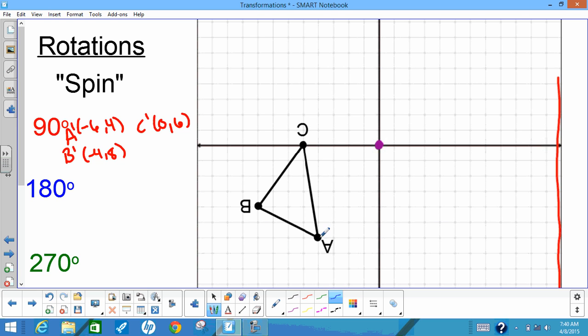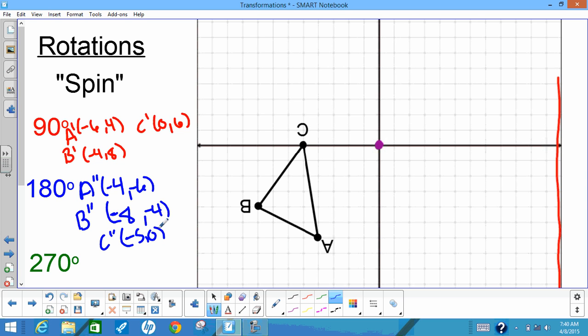So A is -4, -6. We'll call it A double prime. B double prime is -8, -4. And C double prime is -5, 0. I think I counted wrong up here in the original. That should be 0, 5. I apologize for that.